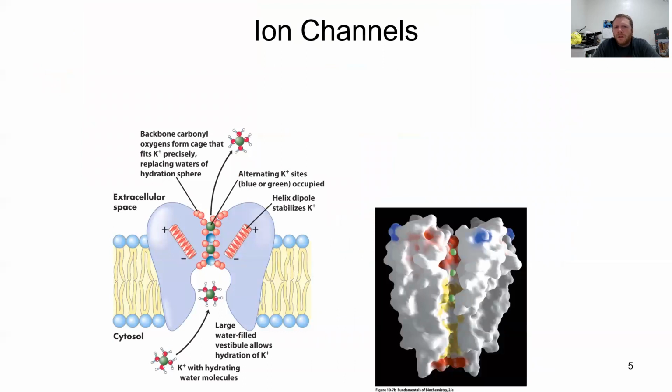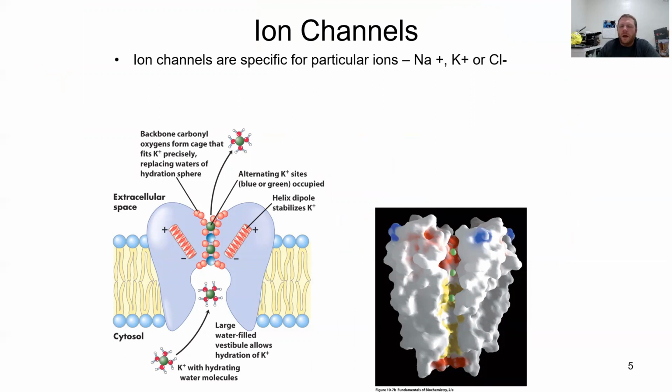Okay, so another type of important protein is an ion channel. Ion channels are going to be very specific for sodium, potassium, and chloride ions. Now I'll take you back to Gen Chem 1. What makes those different? Well, in one case, you've got an anion, the chloride, but then the sodium and the potassium, well, they're different sizes, okay?